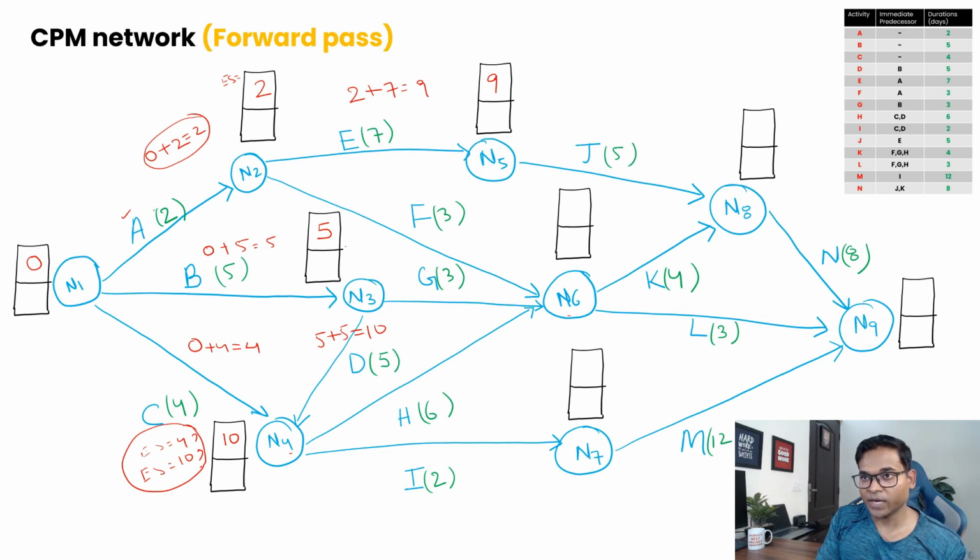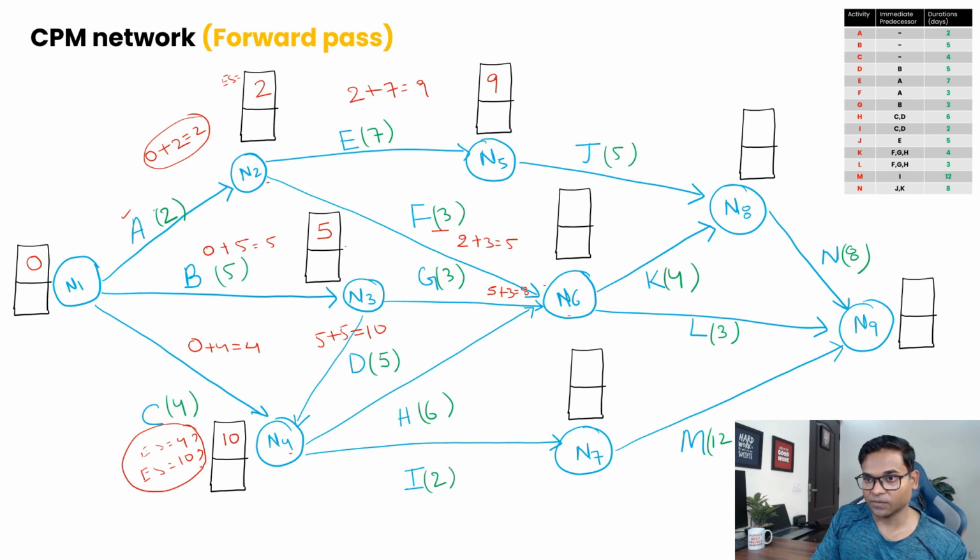Remember, at this node our earliest start is 5. Now to complete this node, if we follow this path, it should be 5 plus, remember this is activity G, 5 plus 3 equals 8. But we have another path also, N2 to N6. For this one, the early start is 2 and the duration is 3, so 2 plus 3 equals 5.